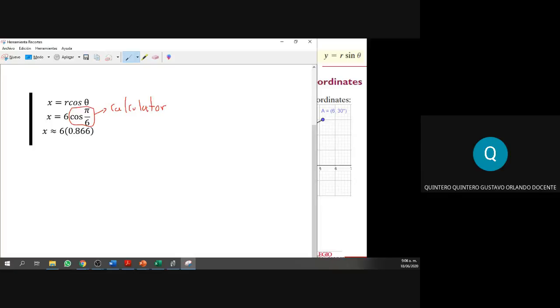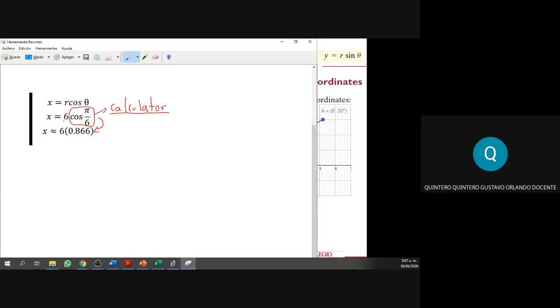Sorry, guys, I'm not great at writing with this. We put it in a calculator, and it will give us 0.866. That is what it will give us.